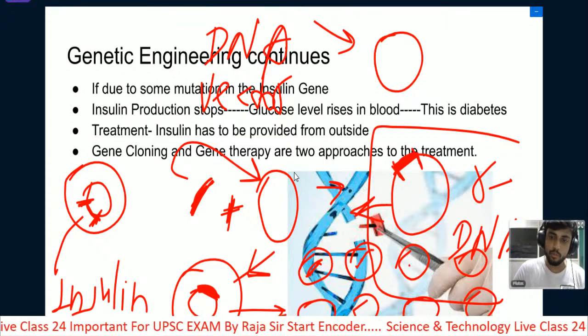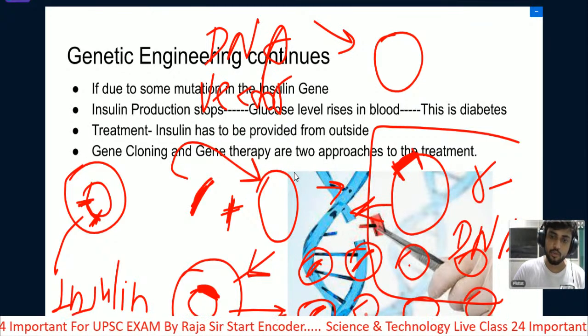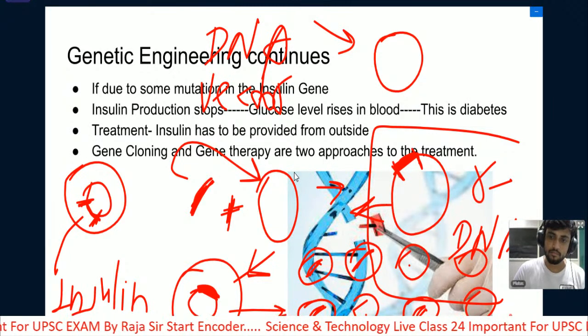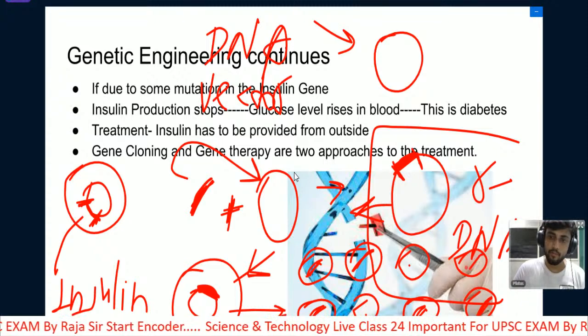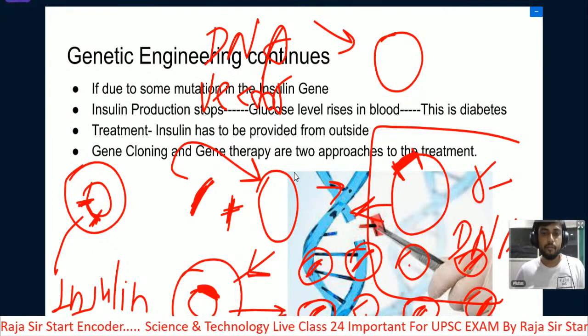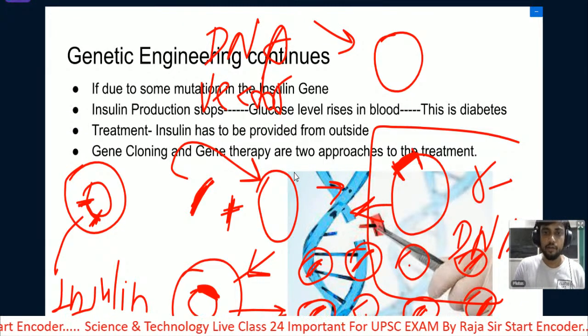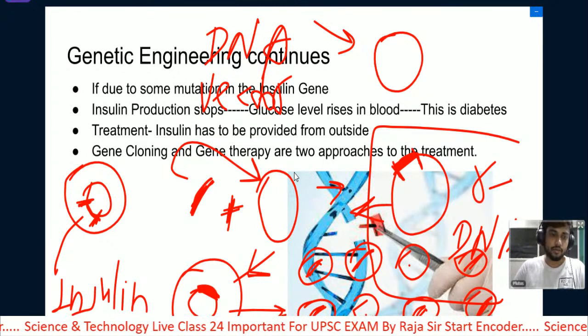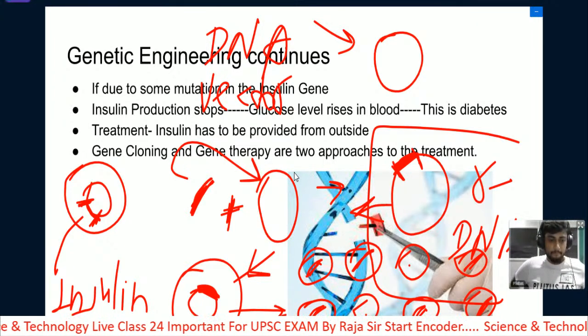The copy of the human insulin gene will be produced through replication. Did everyone understand this? As the bacteria divide, the copy of the insulin gene will also be produced through this replication. Okay.